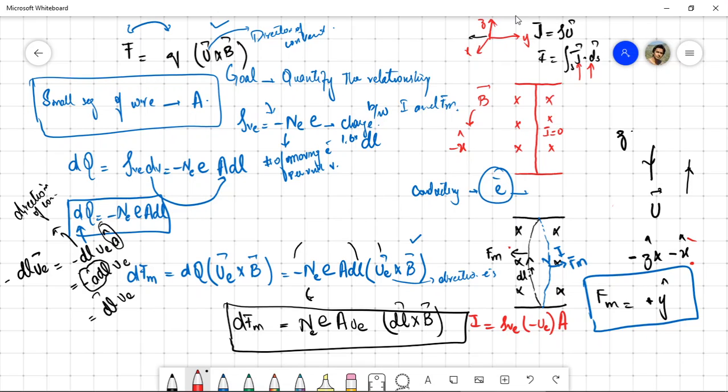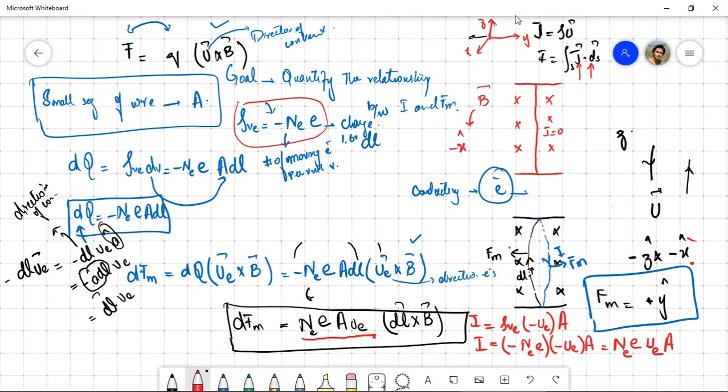So we can rewrite this: the value of rho_e is minus n_e e, and then we have minus u_e, and then we have A, so that comes out to be n_e e u_e A. So this is equal to I, and if you see, we have n_e e A u_e right here.